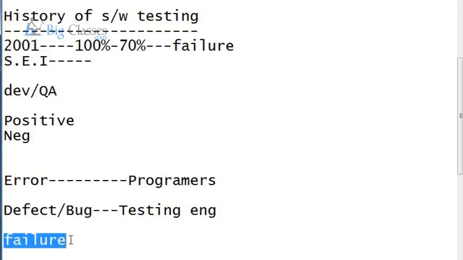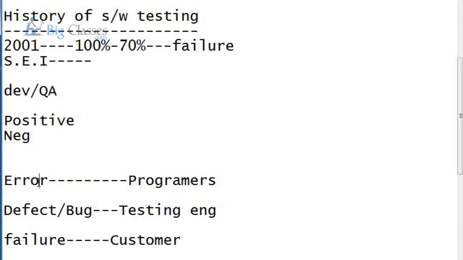The next one, failure. Finally, guys, after releasing to the customer, during utilization, if the customer faces any problem, most of the time customers will use the term failure. So error, defect, bug, failure, all are basically the same.